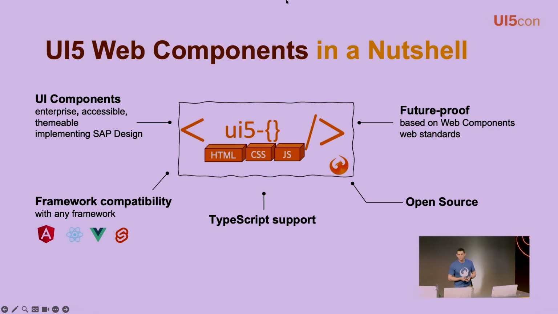This also means that they're compatible with any web frameworks, such as Angular, React, Vue, and whatever comes in future. And it comes with TypeScript support, because we provide TypeScript definitions for all components and public APIs. And finally, it's an open source project maintained by the UI5 team.